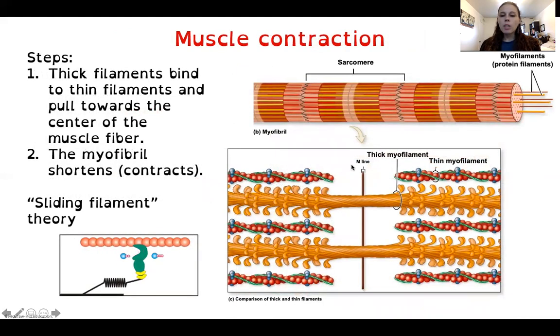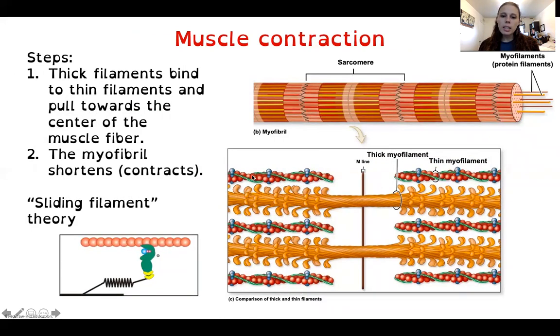In terms of the contraction, you can see, first of all, that there is the sarcomere. This is what we're looking at here. The sarcomere has a central line called the M line to which the thick filaments are anchored, while the thin filaments are anchored to another line here called the Z disc. We're going to see that next.